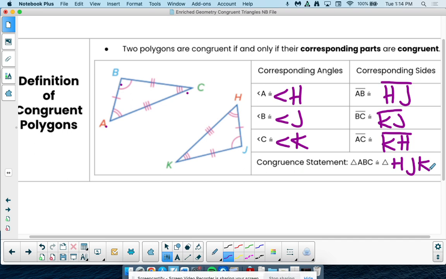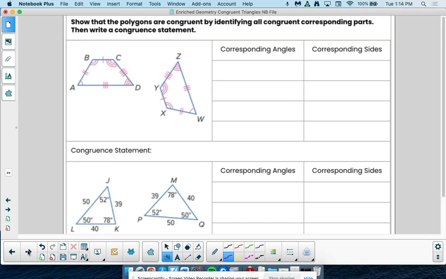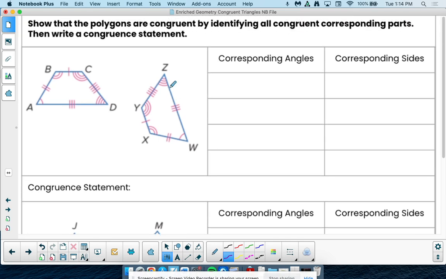Okay? So now we're going to practice the same idea on these guys. They want us to list out all of our congruent angles and sides and then write a congruency statement. Okay? So here we go. Angle A. What is that congruent to? W. Yep.